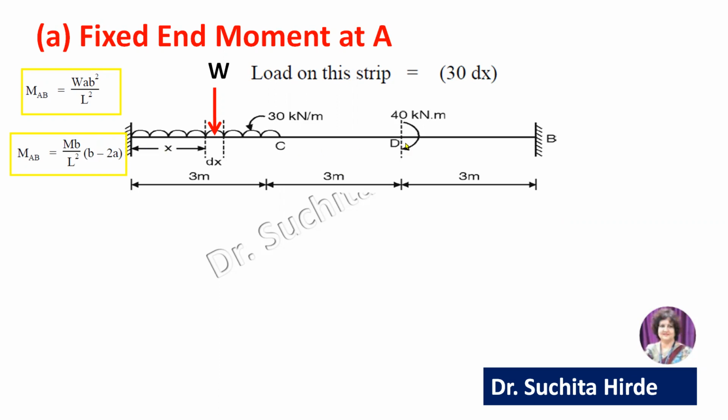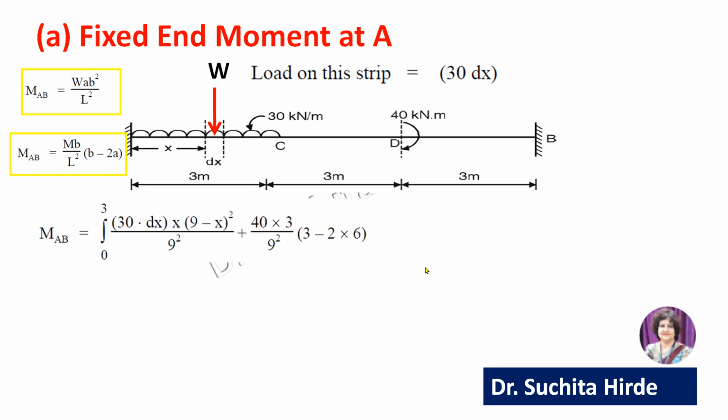Here A is 6 and B is 3 and M is 40. So if you write this equation, you will get something like this: 30 dx, this is W, x is A, and B is 9 minus x, square upon 9 square, plus the moment due to this is this. If you simplify this, you will get this expression.